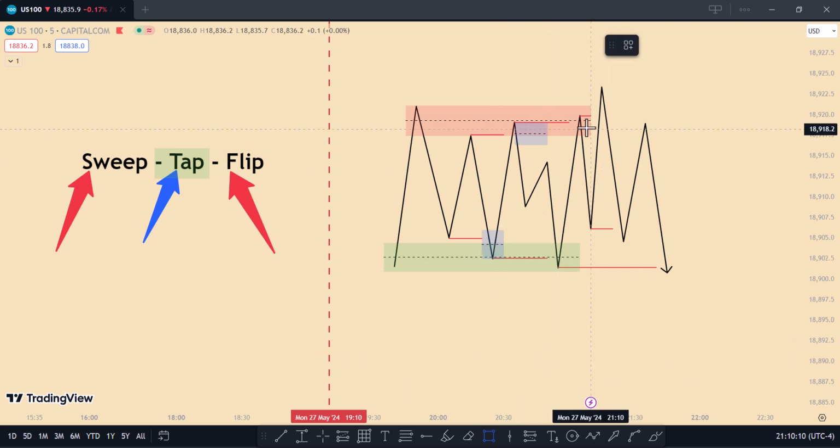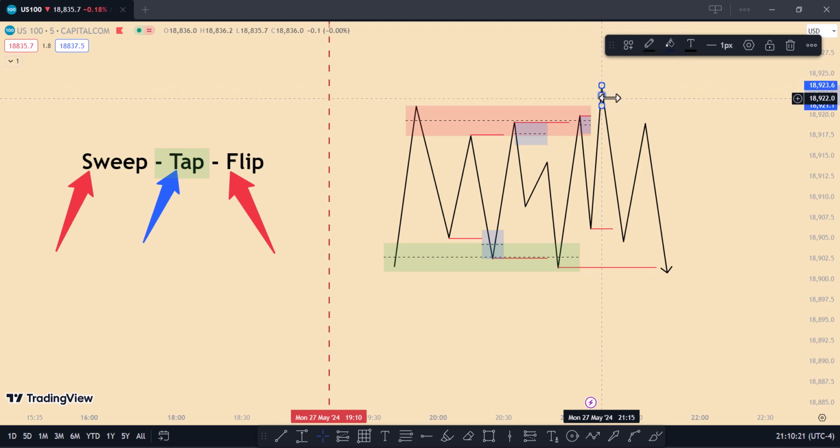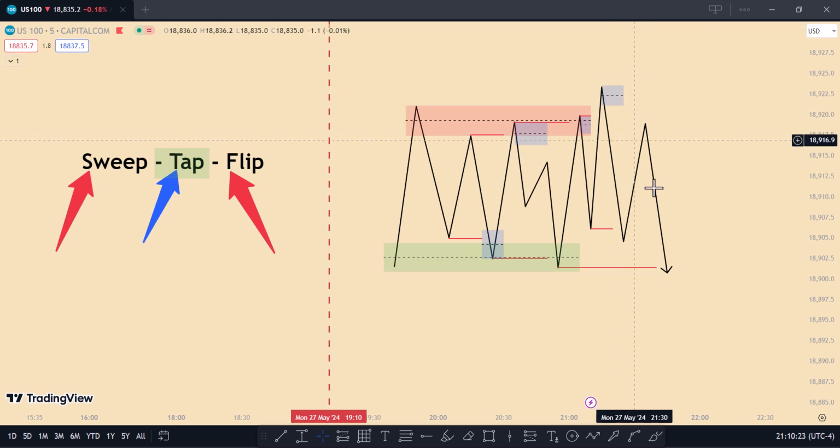Another one right here, sweeps the high, and then a flip. Here also you will find a flip. So you will always find a flip, guys. Always, 100% of the time, if price reverses, it will give you the flip. One more time here, a CSS flip, like this.